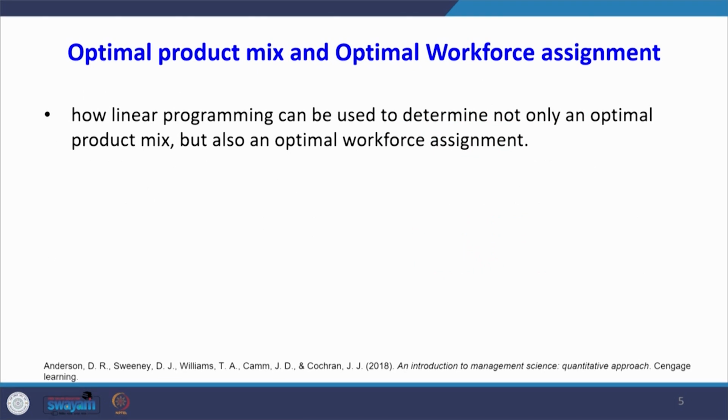I am going to take one problem, to show how an optimal product mix problem can be used for workforce allocation. The problem shows how a linear programming problem can be used to determine not only the optimal product mix, but also an optimal workforce assignment.